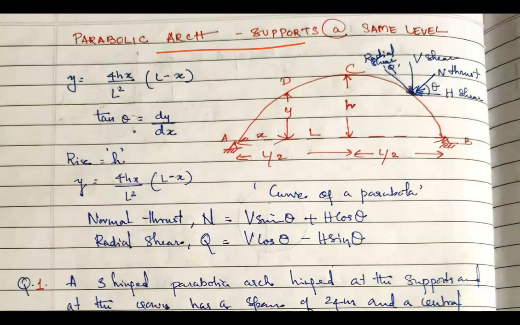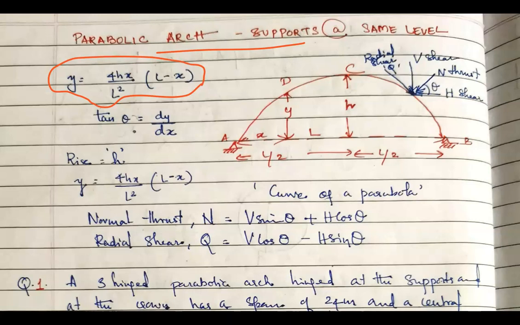Now I have told you that this is a parabolic arch, a 3-hinged parabolic arch. From the name itself you will understand that the arch is parabolic in shape. So what's the equation for a parabola? y is 4hx by L square into (L minus x). What is y? That is this vertical intercept.